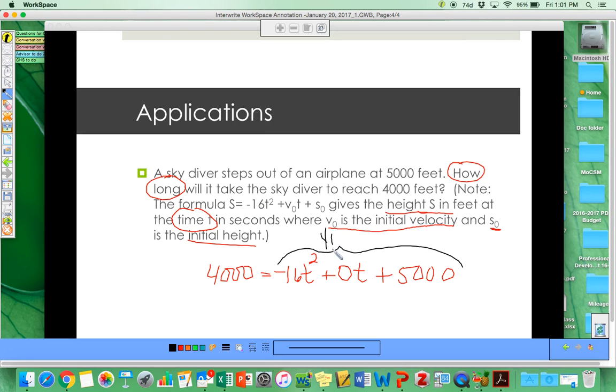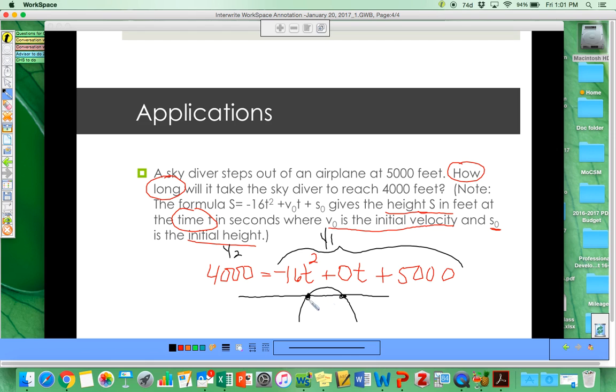So we can put this into y1 in your graphing calculator, and you can put this into y2. And so you're going to end up with a parabola for the y1. And your y2 is going to be y equals 4,000. It's going to be some kind of a horizontal line. And so then what you're looking for is how long it will take. So the intersection, so it'd be here and here.